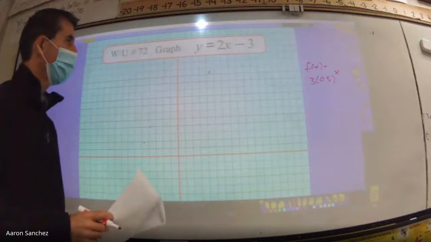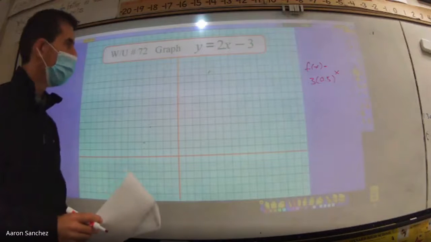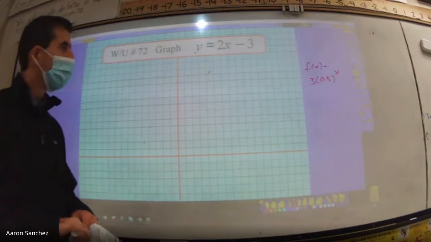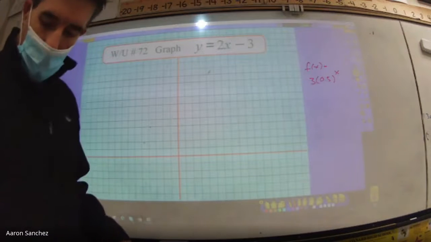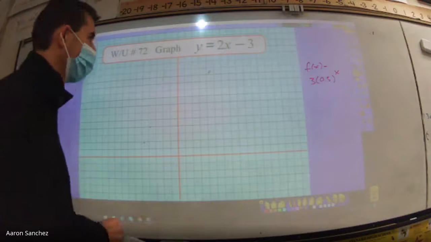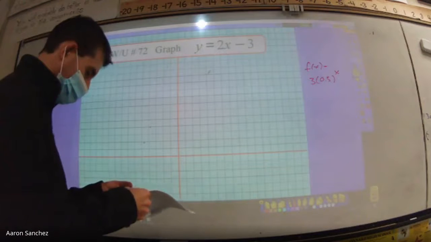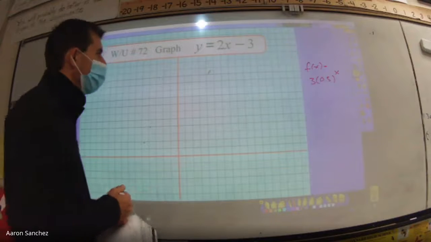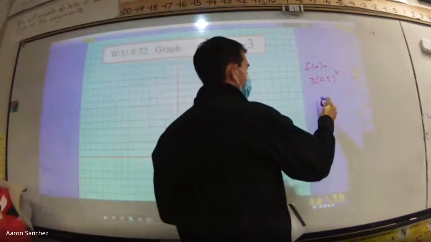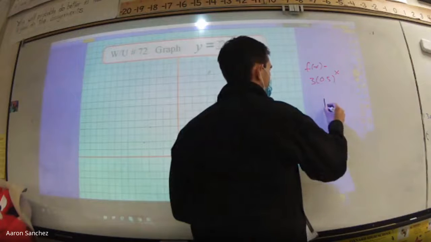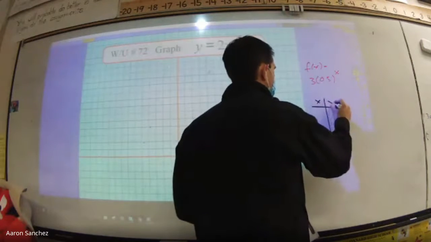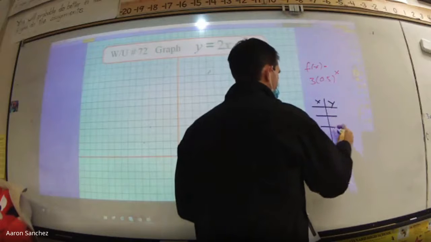I think of an easy way for us to graph this. Well, these are all decimals. So let's make a table. Let me think about this. Trying to find an easier way for us to graph this.